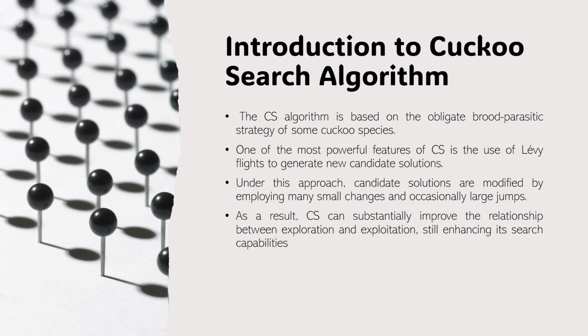This very behavior of the cuckoo is known as the obligate brood parasitic strategy. This is not observed in all species of cuckoo, but only in some. It is a very interesting strategy where the cuckoo bird lays its egg in the nest of another species, say for example a crow.